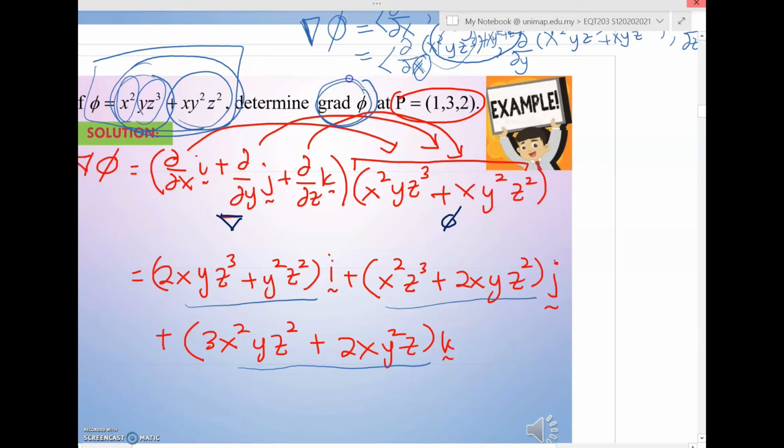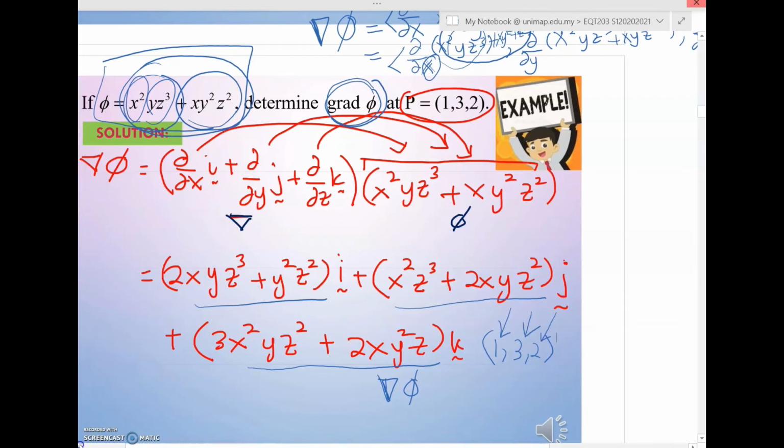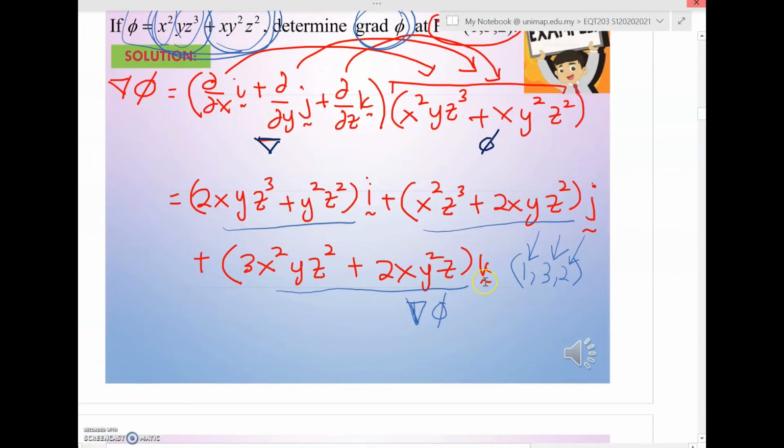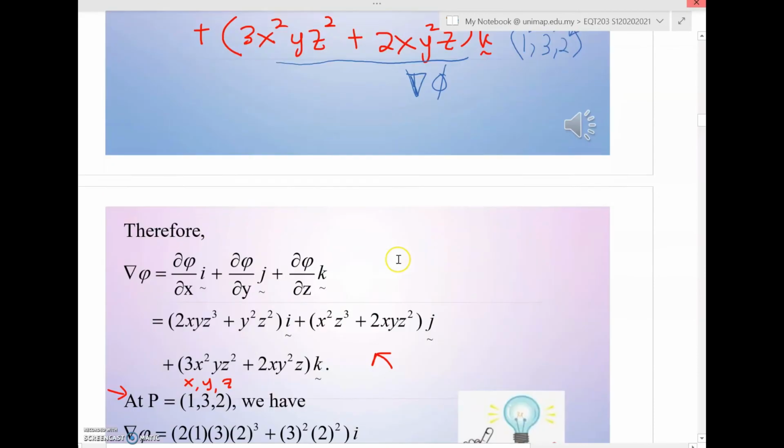But the question is to find grad phi at point P(1, 3, 2). 1, 3, 2 means that this is for x, this is for y, this is for z. So you just substitute x equals 1, y equals 3, and z equals 2 into your solution.